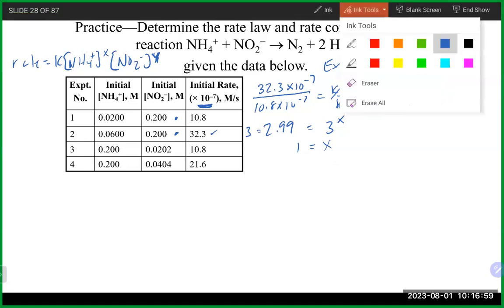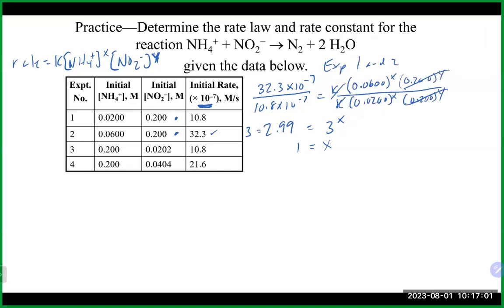At this point, we would then go back to our table and choose 2 entries where we keep the NH4 plus constant, and it looks like it is 3 and 4 in this case. We'll do that. So 3 and 4 will do it for the other way.